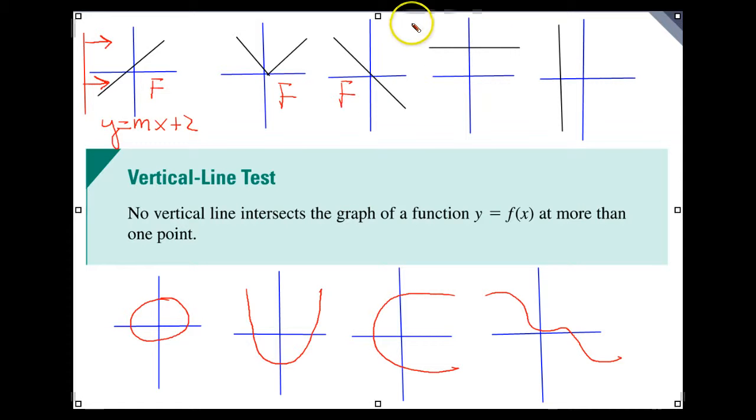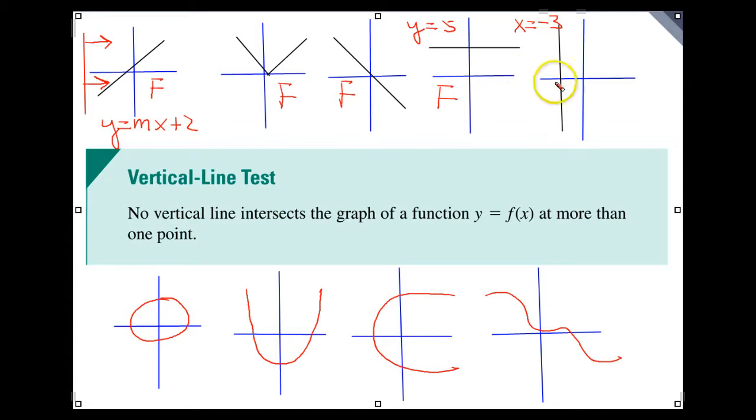How about this horizontal, which would be like y equals 5? Does this pass this vertical line test? As we move this red line over the black line, does it intersect only once as you move it across? Yes, this is a function. So these are sort of our main ones, and then we have this one, which is x equals, let's say, a negative 3, this black line.